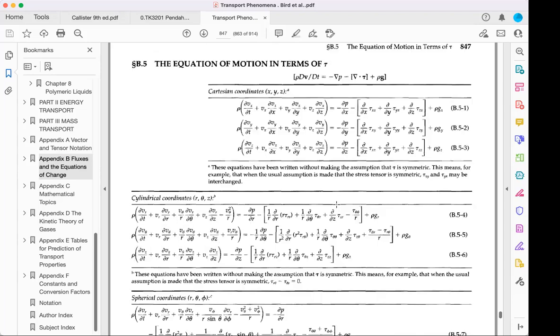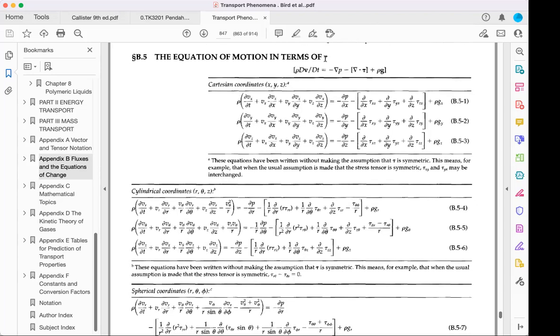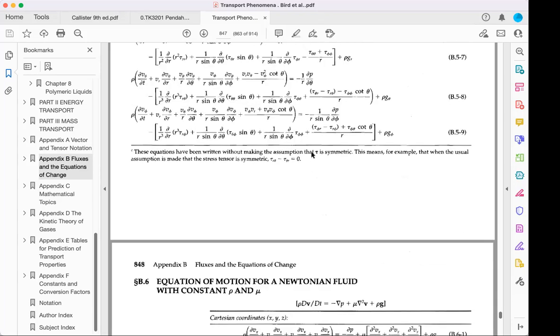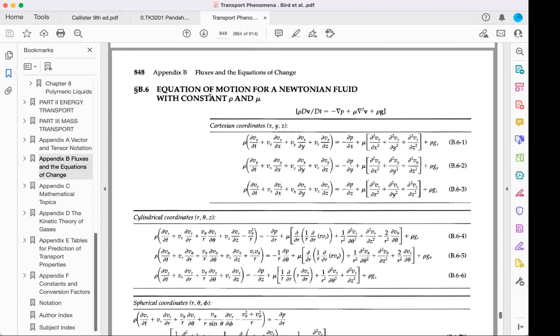However, there is also the second equation of motion, in terms of velocity, and it is in B6. So in B6 here, the equation of motion for a Newtonian fluid, both sides are actually a function of velocity.